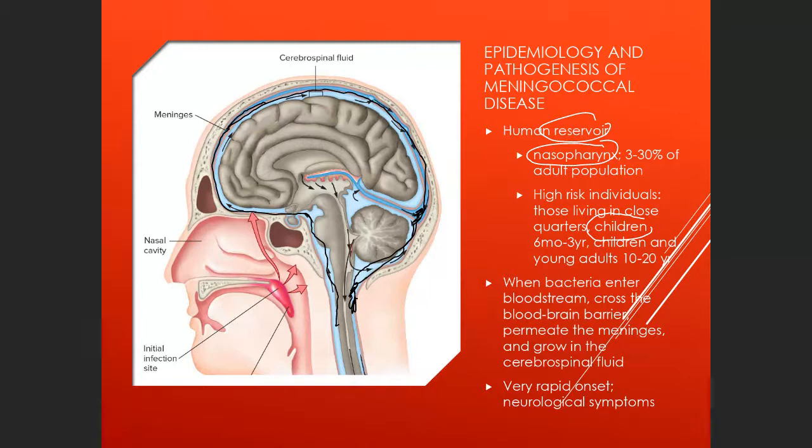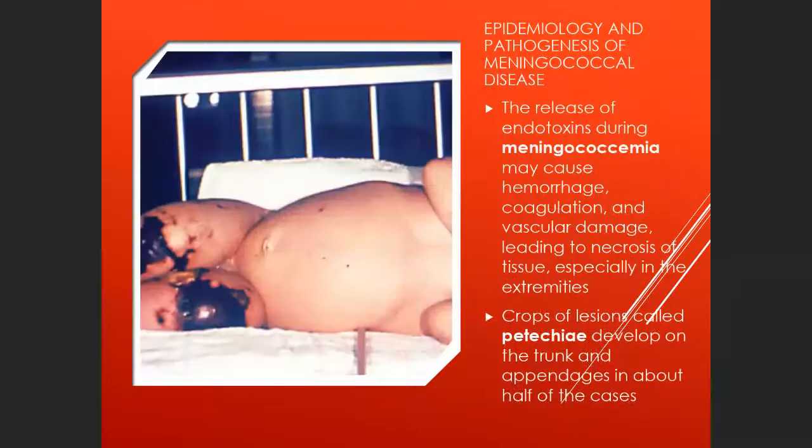Okay, so when the bacteria enter the bloodstream and then go to the meninges, they can cause inflammation of the meninges, and this is what we call meningitis, which is inflammation of the meninges. This is an example of a baby that has meningitis.